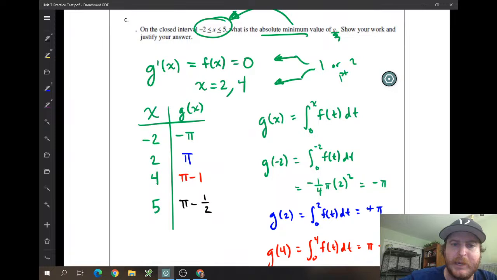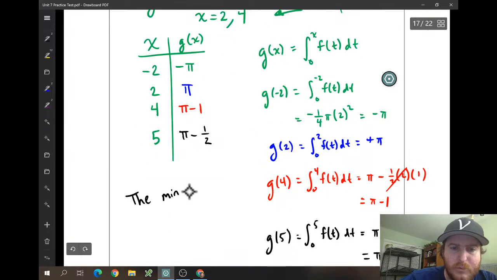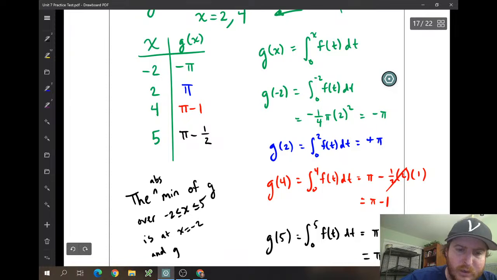So I'm going to say the minimum of g, or I could even say the absolute minimum of g, over -2 less than or equal to x, less than or equal to 5, is at x equals -2, and g of x equals -pi, stating both of them.